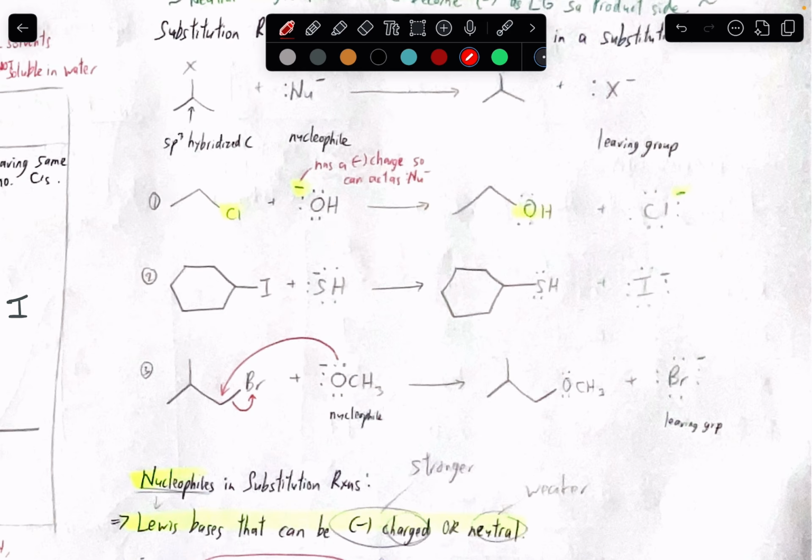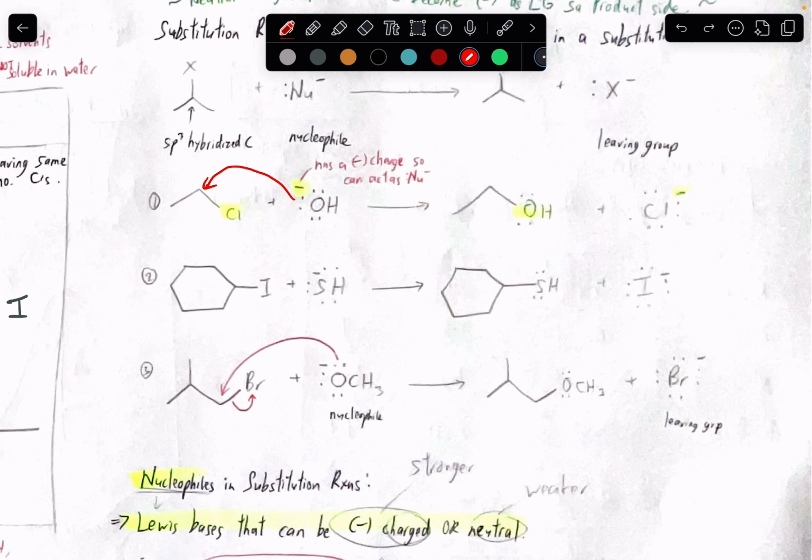So in the product side, the nucleophile attacks. Actually, I've been pointing it wrong. I'm supposed to point here at the carbon that's connected to the leaving group. And the leaving group is separated. Halogens have 7 electrons, right?